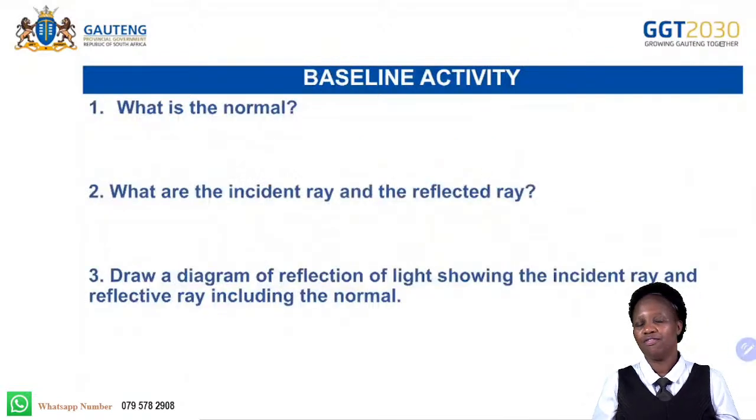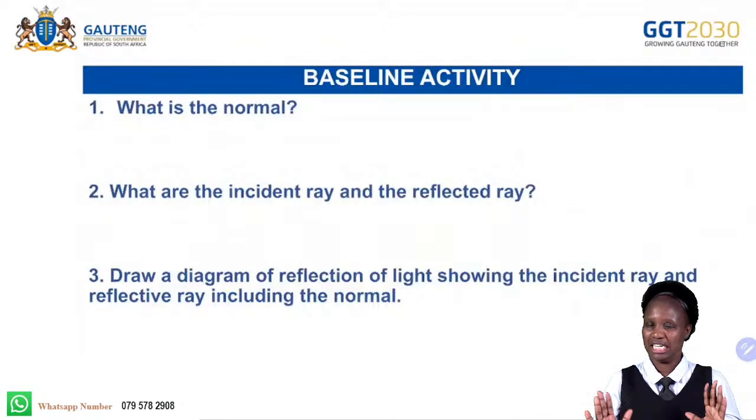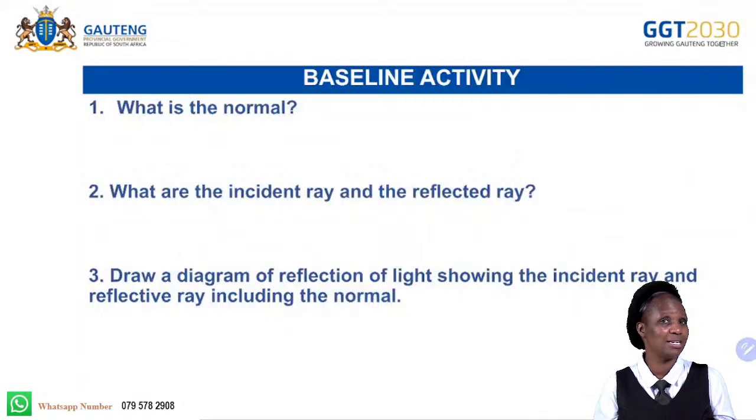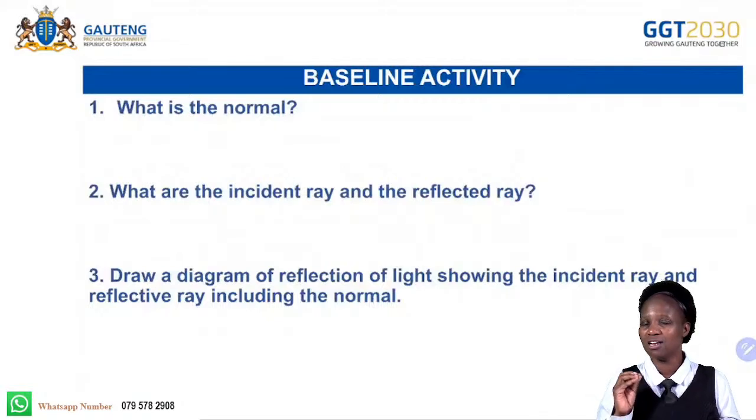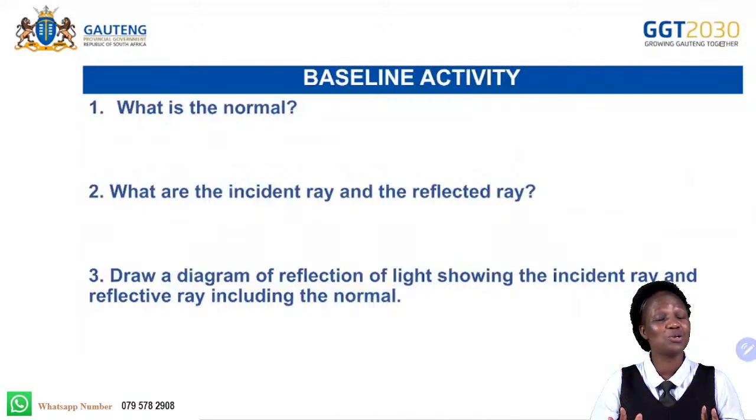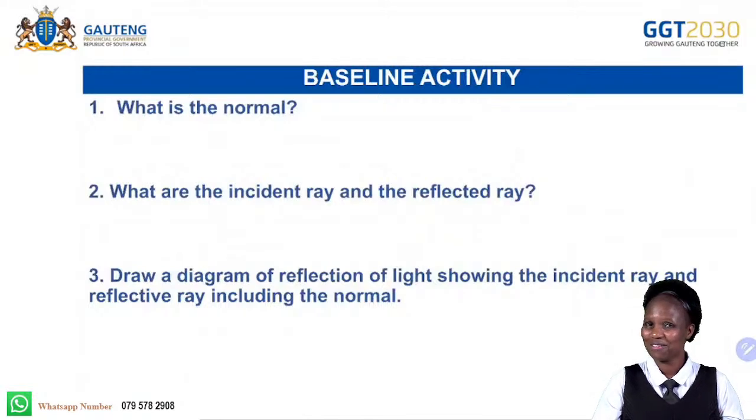Then let's go to our baseline activity. Remember, the baseline activity is what we've learned in the past. We're just reminding ourselves. So I want each and every one to write down the answers. Then after writing them down, you are going to send them to us on 079 578 2908. That's our WhatsApp number.